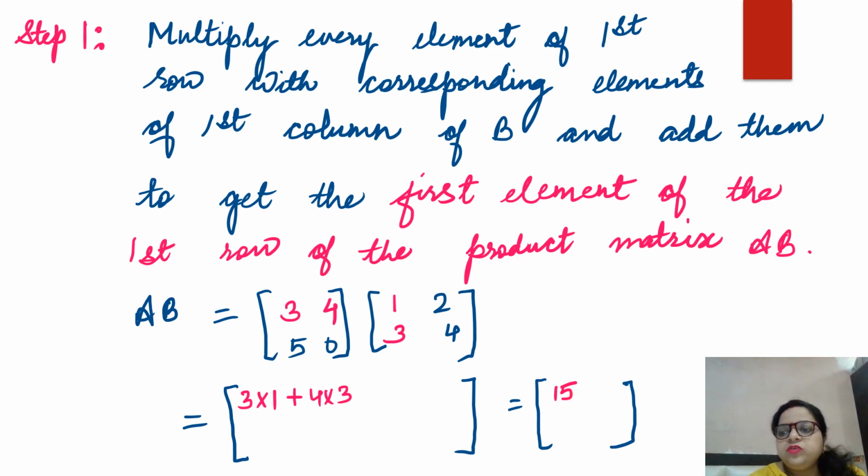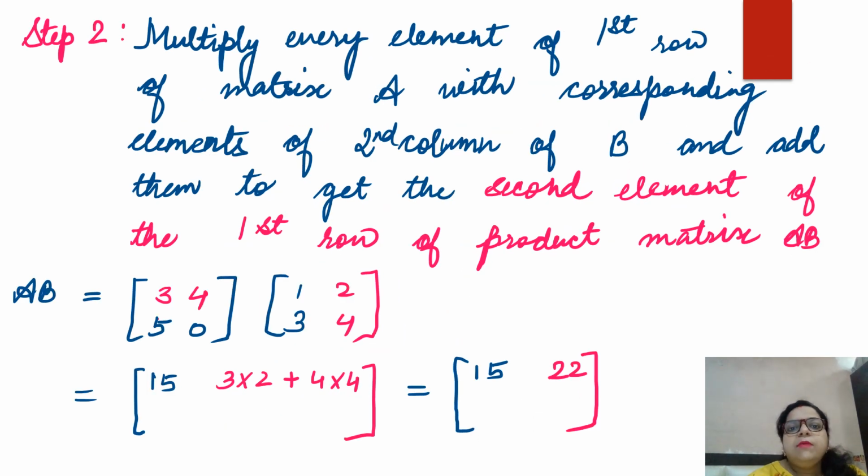Now coming to step number 2, multiply every element of the first row of matrix A with the corresponding elements of the second column of B and add them to get the second element of the first row of the product matrix AB. You have found the first element of the first row.